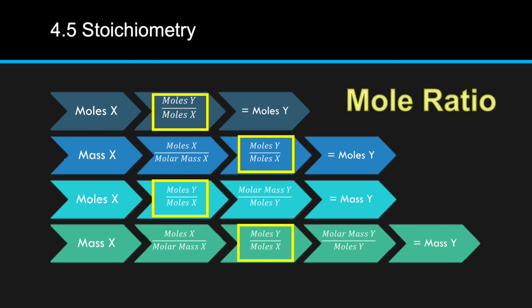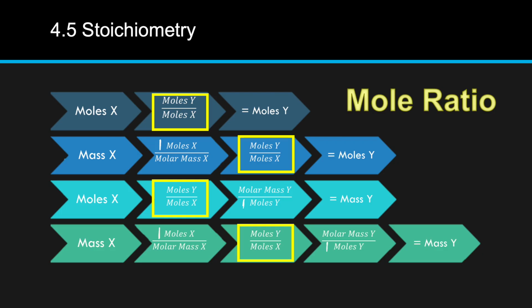And you can see here, just to circle back to mole ratios, the mole ratio is when you have moles over moles, and that number is from the balanced chemical equation. If you are working with converting units, for example, this is always going to be equal to 1 mole.